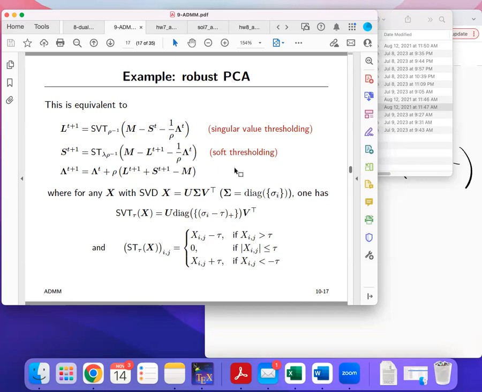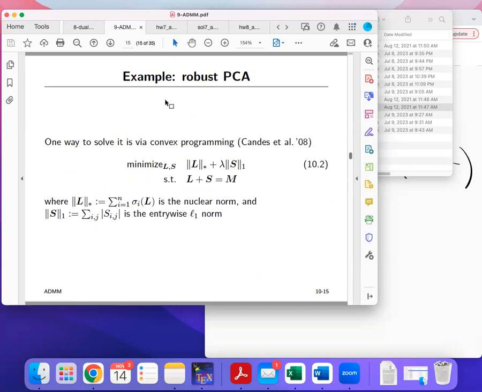And the last one is the update to the multiplier. In our theory, because the nuclear norm and the L1 norm are convex functions, that theory applies to this problem. So ADMM is guaranteed to converge, and the convergence rate is about 1/t.